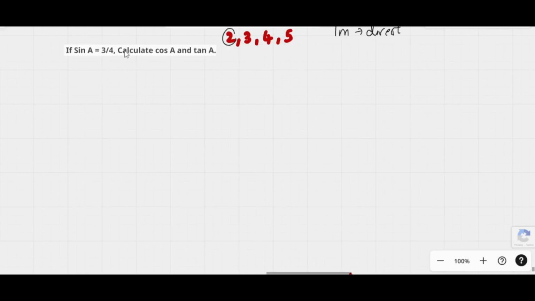There is a procedure that I want to show you for how to present it in your exam. First you have to write: let us assume that it is a right angle triangle ABC, and sin A is equal to 3 by 4.